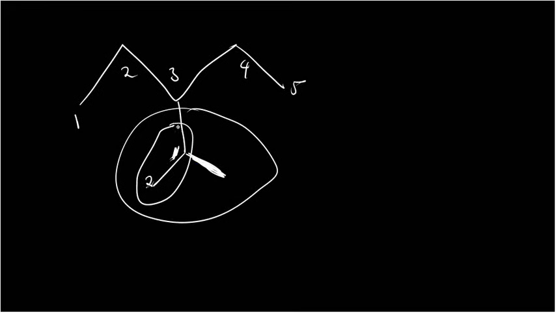Let me just mark this part with a brighter color. This part here, it's ethyl, right? So it is 1, 2. That's why I'm saying that this part is ethyl.